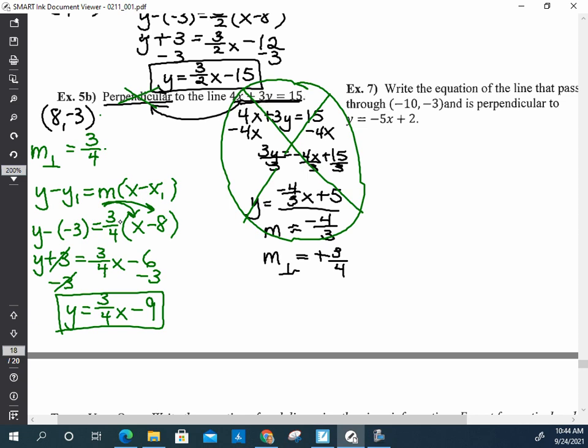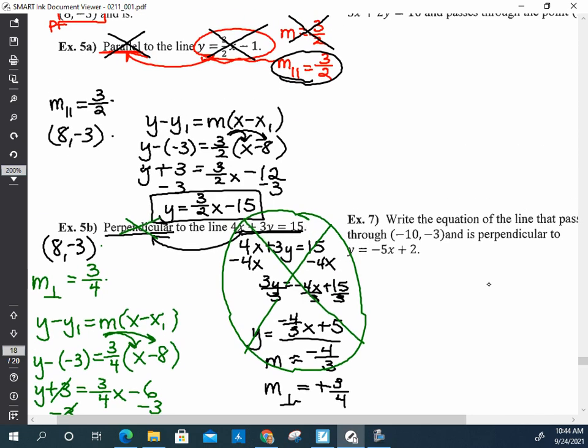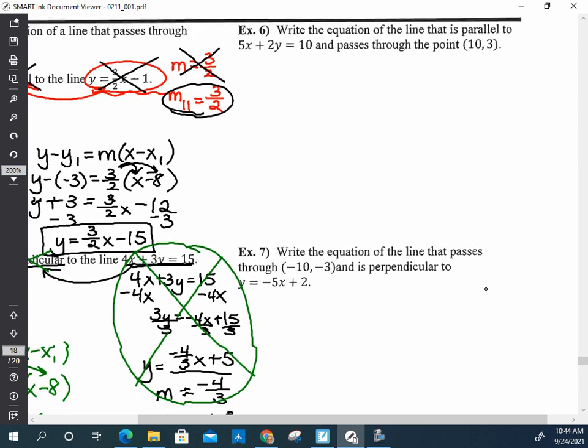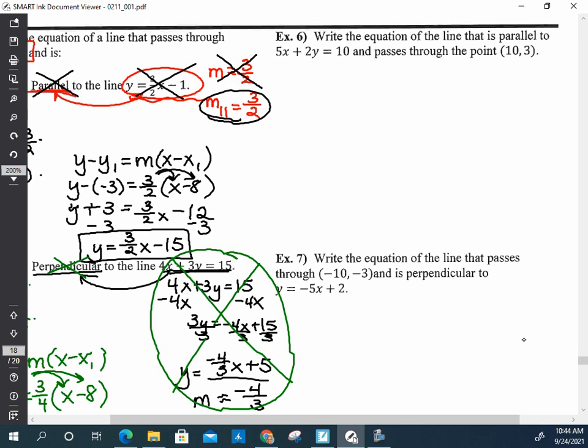So in the notes handout that will be uploaded to Google Classroom, you'll have these two examples along with examples 6 and 7. So again, remember, you'll be given a point, parallel or perpendicular, and an equation.